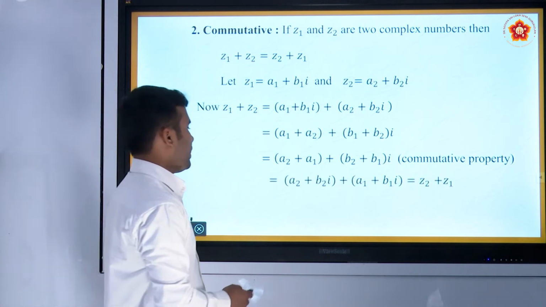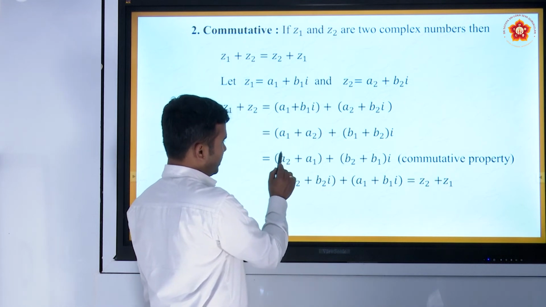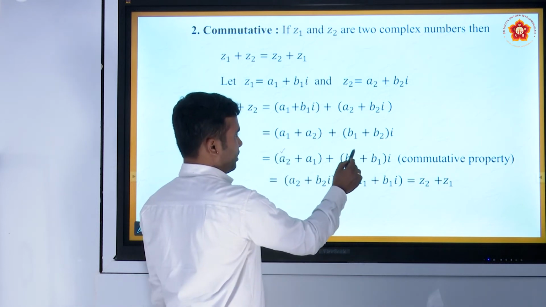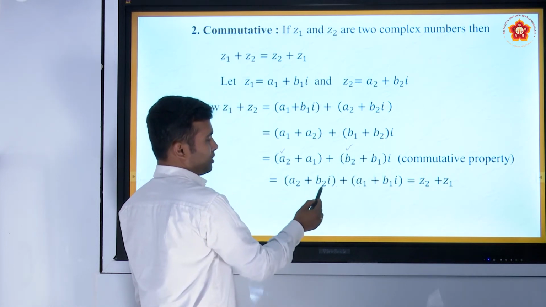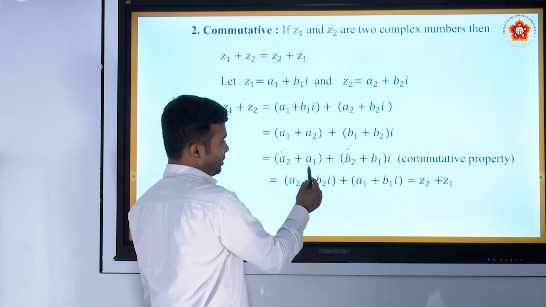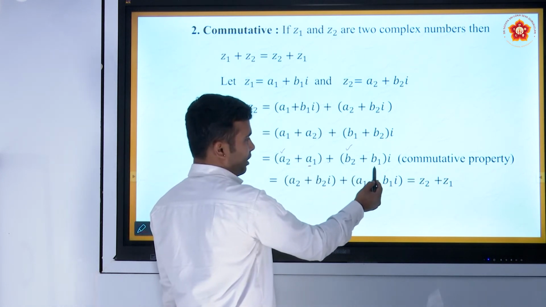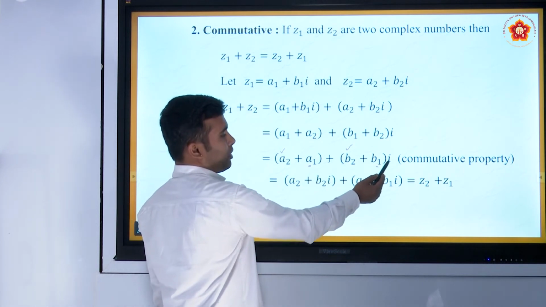And now we can group these two terms, a2 and b2i. So a2 plus b2i plus, and again you can group the other ones, a1 plus b1i.